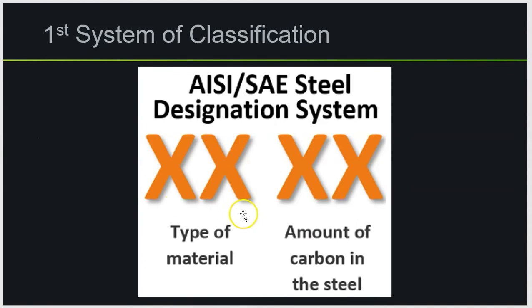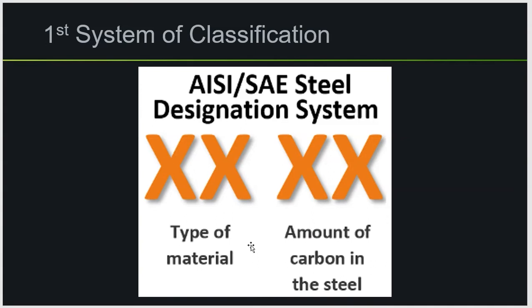So the first two numbers are going to tell you the type of steel. Now, if we think back to types of steels that we've already mentioned, things like low carbon steel, medium carbon steel, high carbon steel, and even stainless steel, let's try to keep those separate.